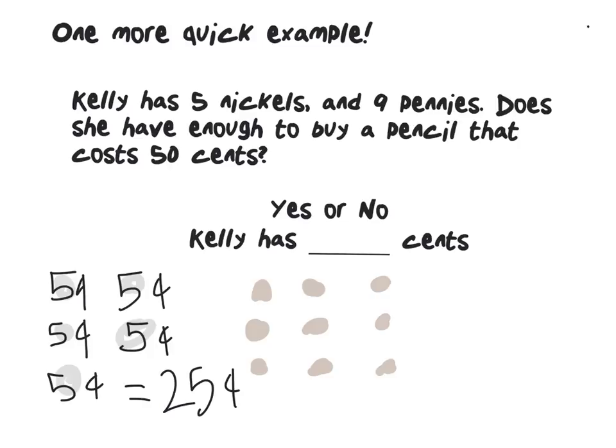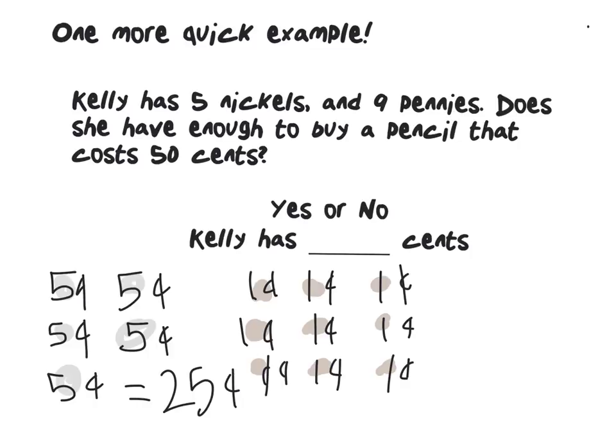So now we're going to go over here and count the pennies. So we have 1 cent, another cent, another cent, another cent, another cent, and 1 cent. So 1 plus 1 plus 1, 3, plus 1 plus 1 plus 1, we're at 6, plus 1 plus 1 plus 1, we're at 9 cents.